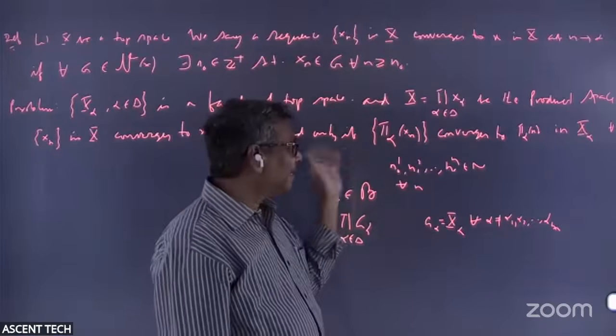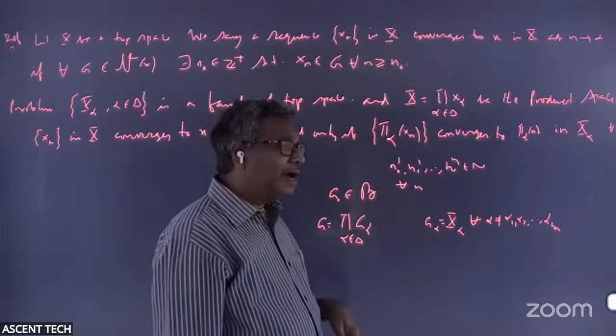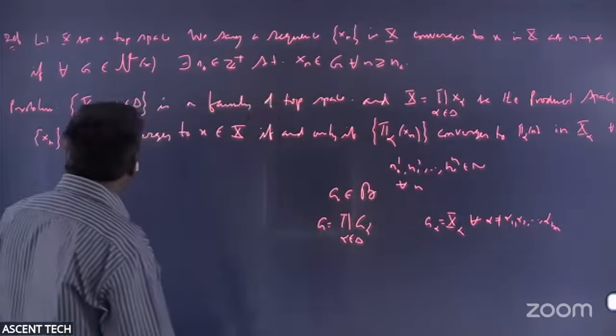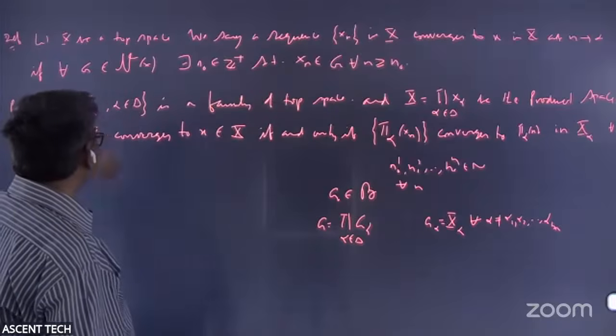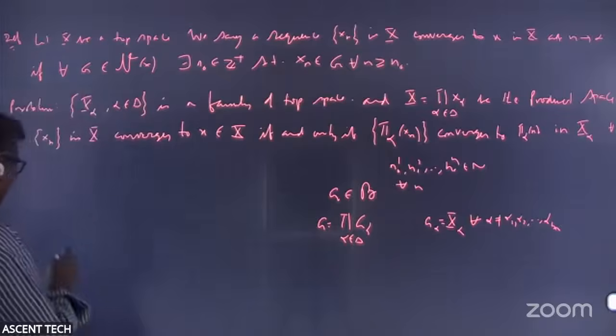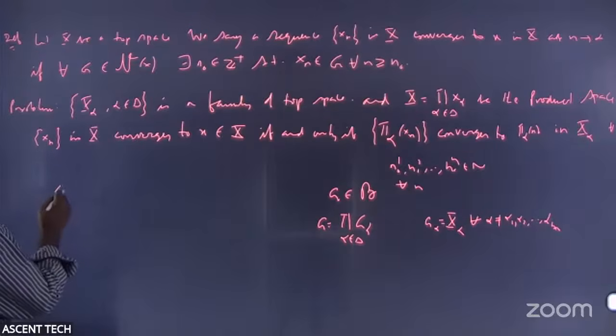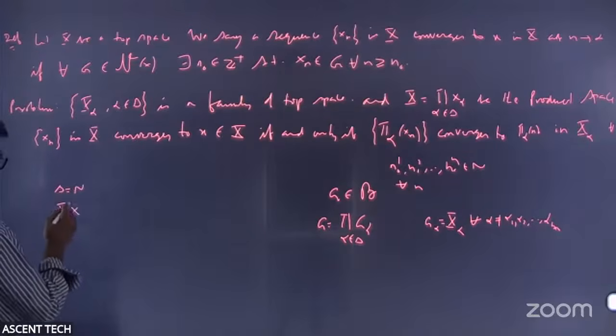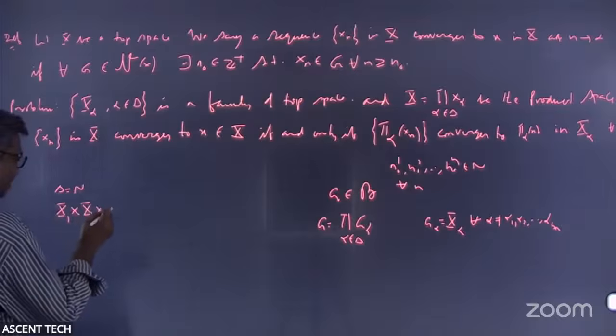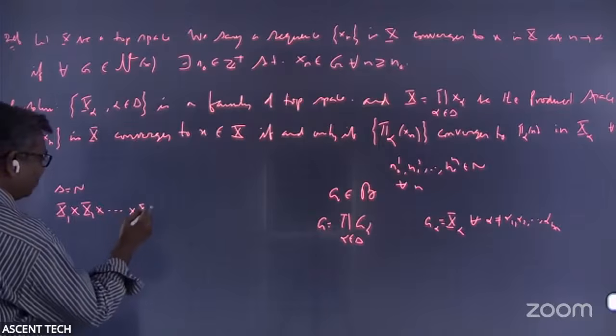So what happens is the convergence turns out to be that after a few components, this has no order or anything. Delta has no order or anything. If delta is like the natural numbers, x1 cross x2 cross etc. cross xn cross, suppose I have infinitely many.